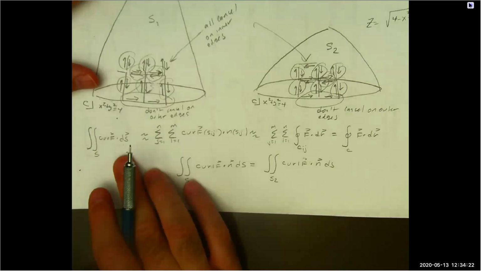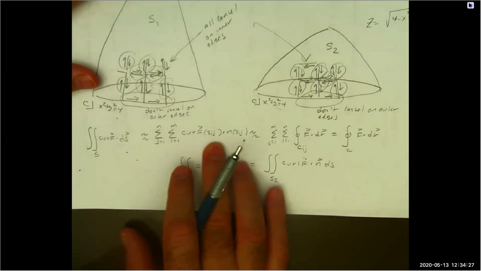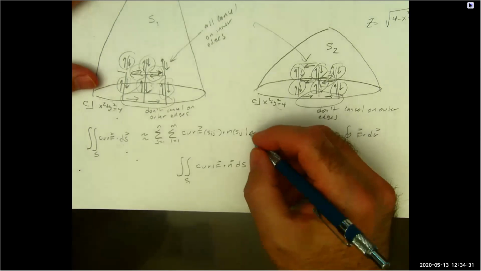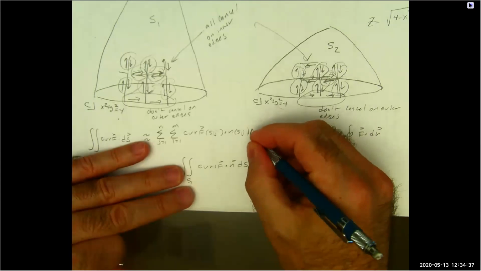we can write the curl of F is going to be approximately equal to the curl density times, I forgot to write something here, delta Sij.